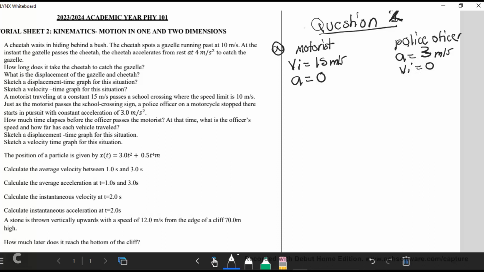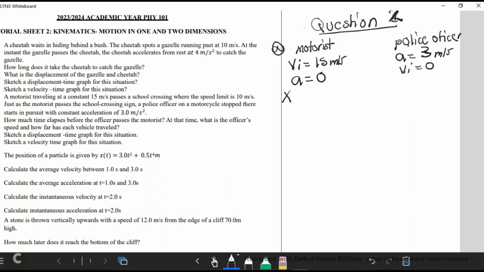Then the first question says, how much time elapsed before the officer passes the motorist? At that time, what is the officer's speed, and how far has each vehicle traveled? So in this situation, let's first find the equation of the motorist.